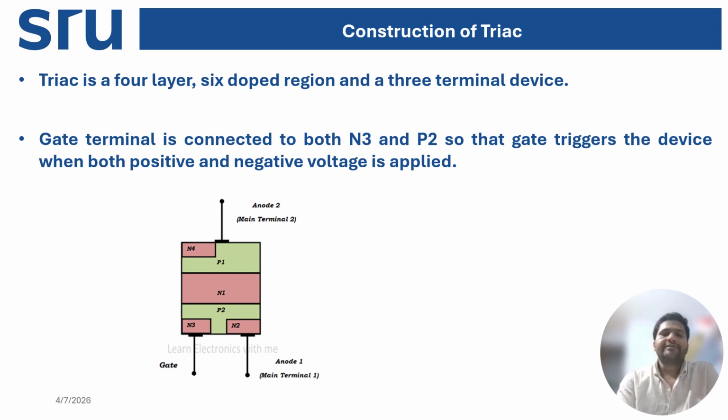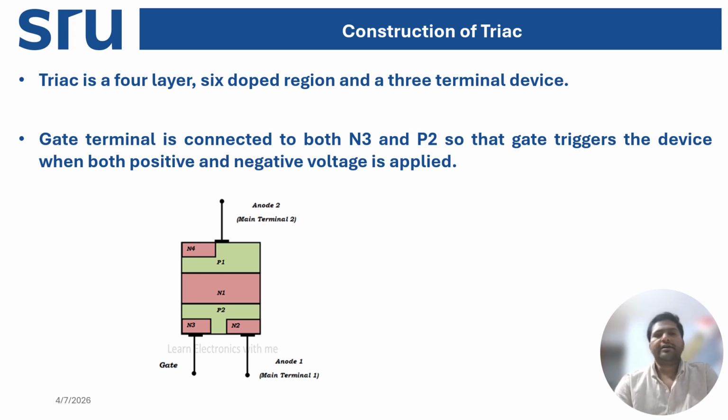The TRIAC has three terminals: terminal 1, terminal 2 and the gate terminal. The gate is connected internally in such a way that it can trigger conduction in both directions.